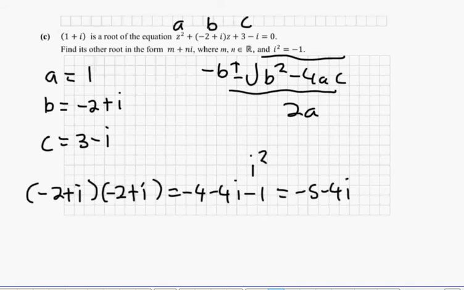Now what about 4ac? Minus 4 times 3, minus 12, plus 4i.